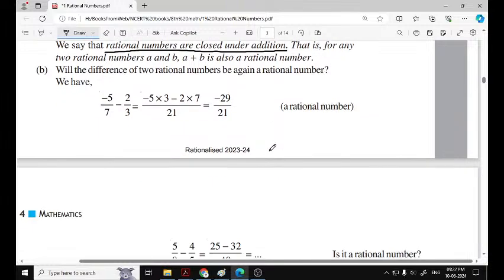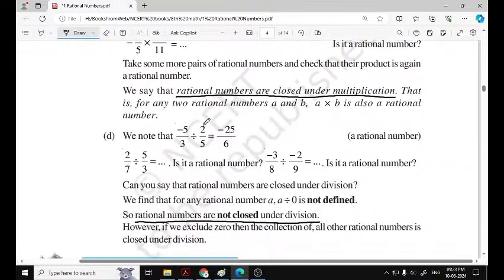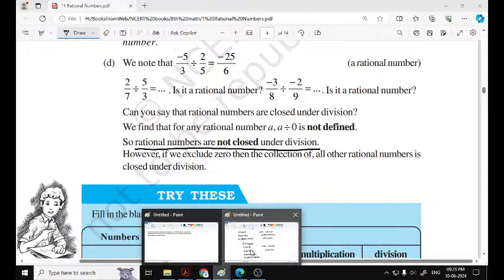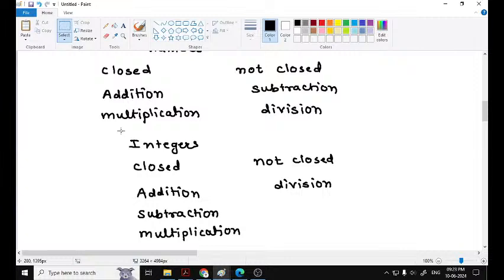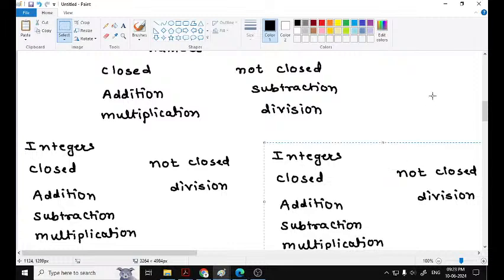So it is like integers: closed under addition, closed under subtraction, closed under multiplication, but not closed under division. So the same is true for rational numbers.